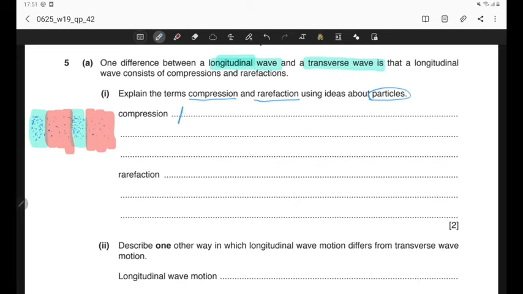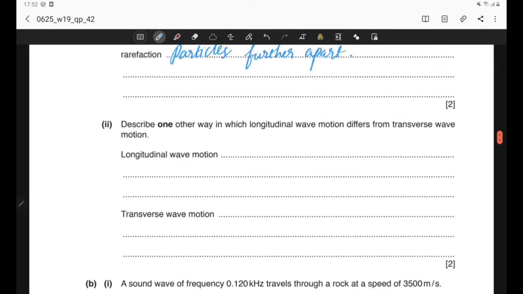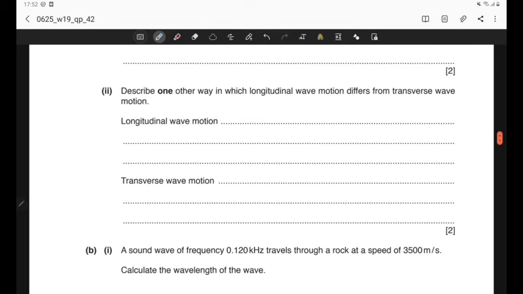So for compression we can write particles are closer. For rarefaction, particles are further apart. Since it is a 2 mark question, you just need to write only 2 points. Part 2. Describe one other way in which longitudinal wave motion differs from transverse wave motion.